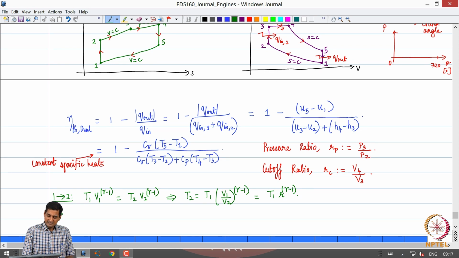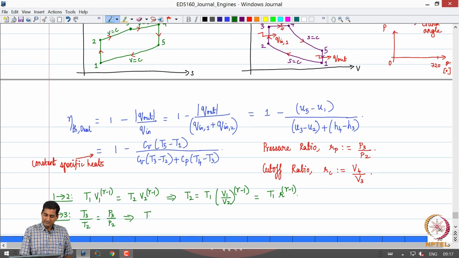So, then we consider the constant volume heat addition process 2 to 3. So, we know that since the volume is constant, the ratio of temperature is going to be equal to the ratio of pressures. How do we get that? From the ideal gas equation of state, right. So, this is the process relationship for this constant volume heat addition process.